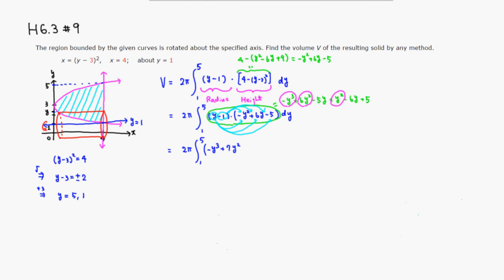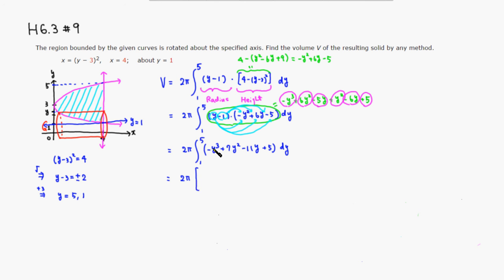And then we have 5y minus 6y, so it's going to be minus 11y. And then we have a 5 here, so a plus 5, with respect to y. So find the antiderivative. So you have a 2 pi. I'm going to put a bracket here.